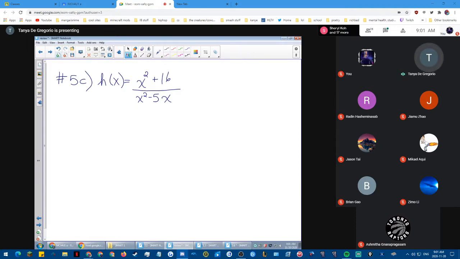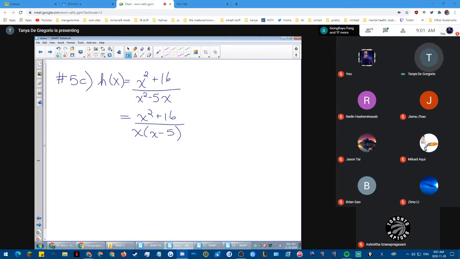Determine all values of x for which each function is continuous. Well, if you want to know where it's continuous, you have to figure out where it's not continuous. So what I'm going to do is simplify by factoring. And this is enough for me to see where my vertical asymptotes are. We know that when you have a vertical asymptote, you have a point of discontinuity.